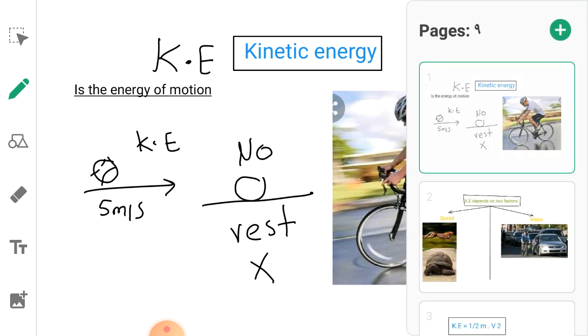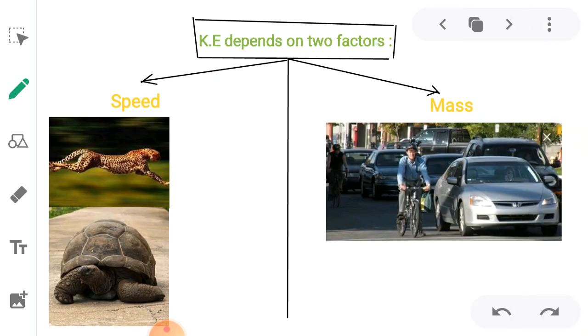Okay, so kinetic energy depends on two factors affecting the kinetic energy. Does it increase or decrease? First one is speed. The faster the object is, the more kinetic energy it has. Like a cheetah and a turtle, the cheetah has more speed.